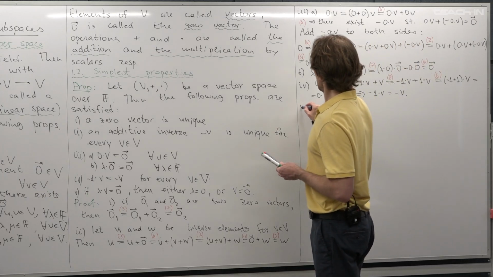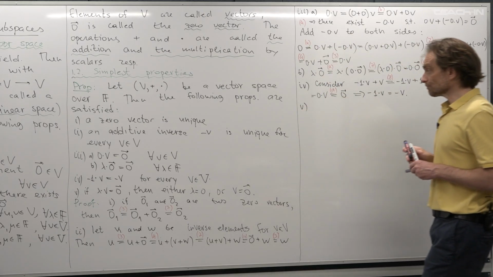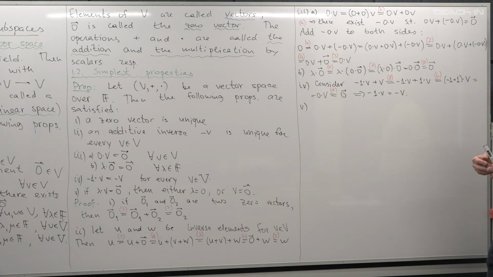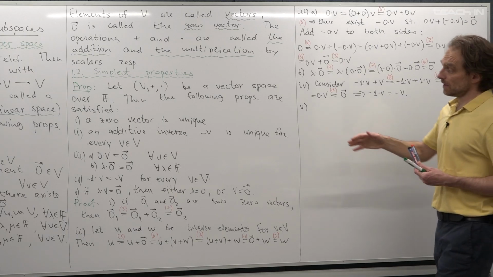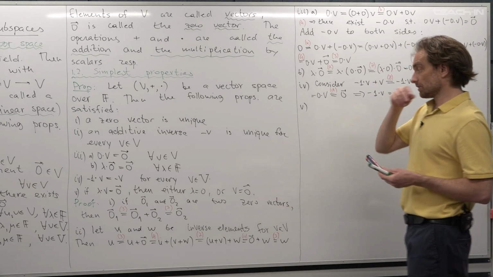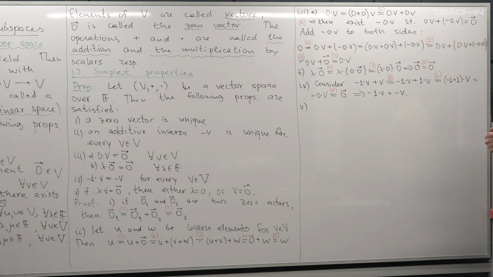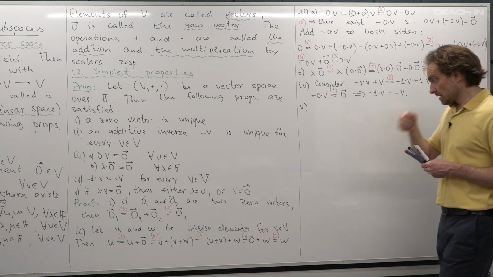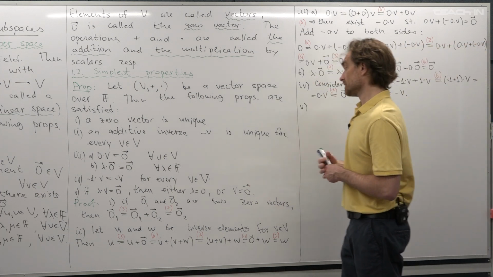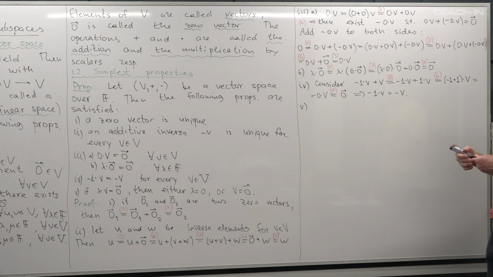And finally, the last property. So here we need to prove that if lambda multiplied by v is the 0 vector, then either lambda is 0 or v is the 0 vector.